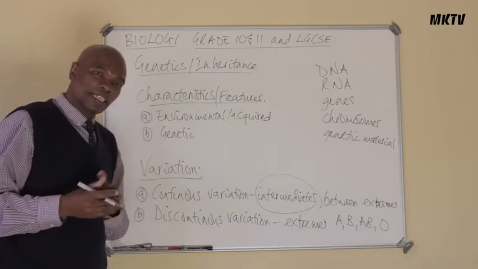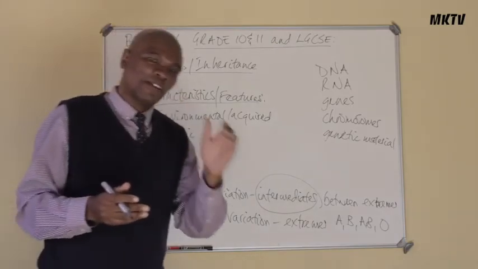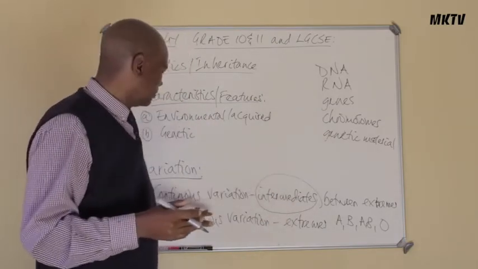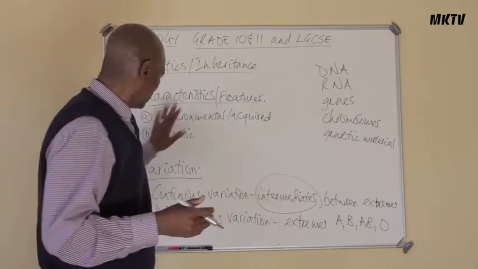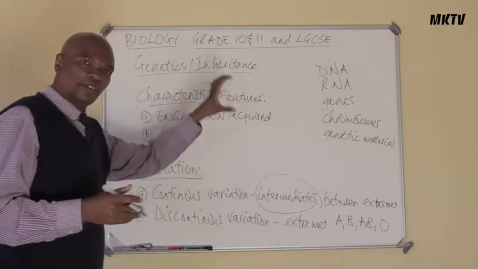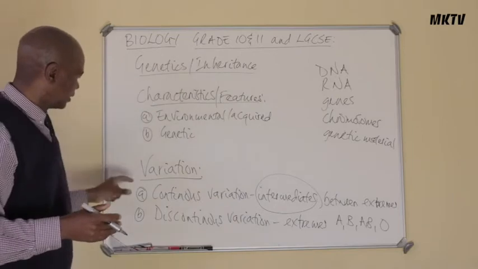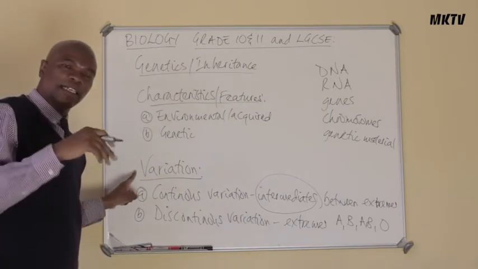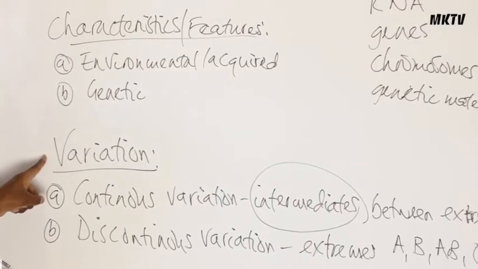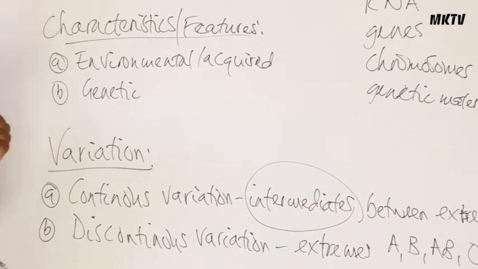So my boys and girls, now that we have seen this, characteristics, and then the different characteristics lead us into what is called variation. Then from here we are going to talk about how we inherit all these things.